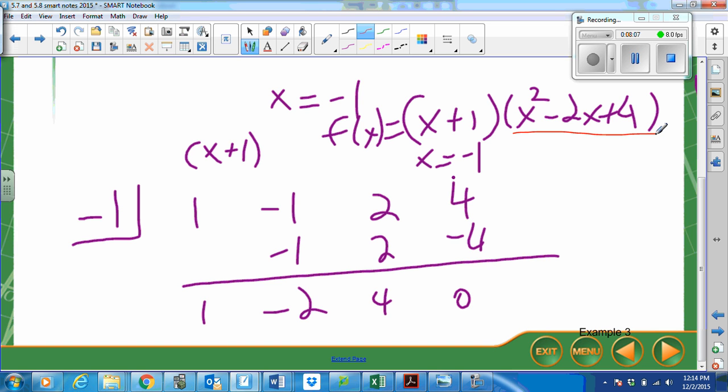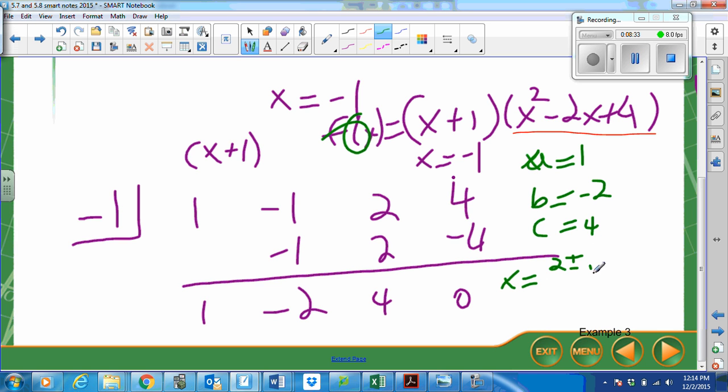And when I'm looking at it, I realize I can't factor that. And so in order to figure out where our roots are, in other words, where this equation is equal to 0, we're going to have to do the quadratic formula. And so a is equal to 1, b is equal to negative 2, and c is equal to 4. So let's plug into the quadratic formula, and we get x equals negative b plus or minus the square root of b squared minus 4 times a times c.